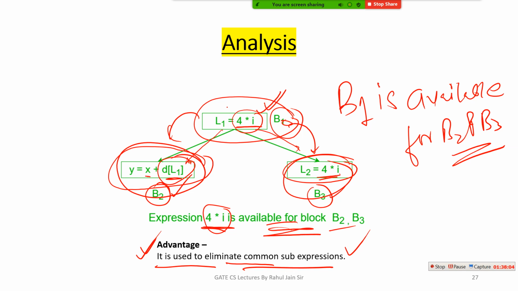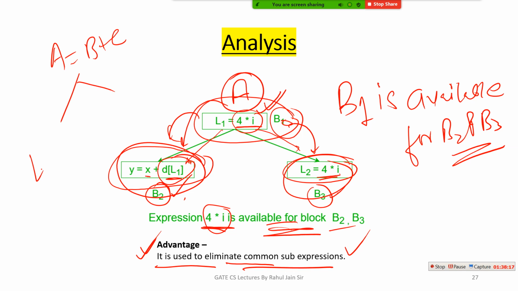If you have a value at block B1, suppose a, and this value of a is available to the other blocks without being modified, for example, understand from here: a equals b plus c. Here I am using the value of L equals b plus c. Here I am getting the value of m equals a plus c.